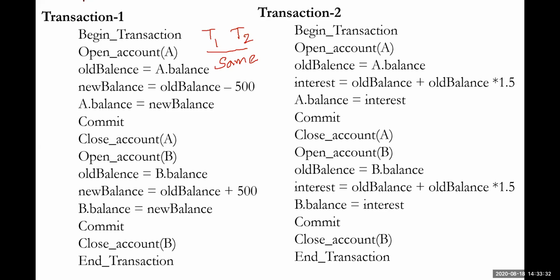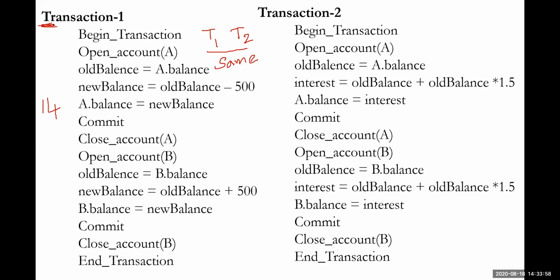For example, transaction T1 has been executed completely. So how many instructions? 1, 2, 3, 4, 5, 6, 7, 8, 9, 10, 11, 12, 13, 14 instructions are there here. Total 14 instructions have been executed completely. Then transaction T1 will be atomic in nature.